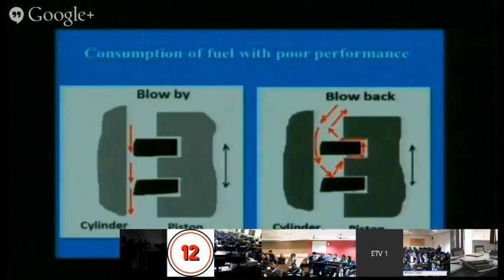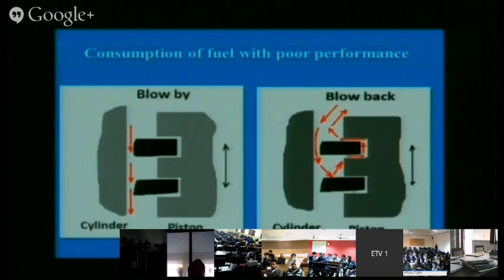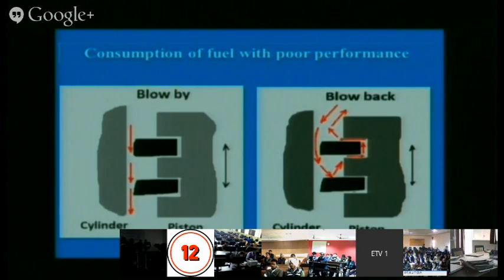Now, another point: if sealing at the cylinder liner and piston ring is not proper because of improper design of the contact, or lubricant properties have not been selected properly, then there may be scope for blow by, meaning combustion products go directly to the sump side. This is very dangerous. Efficiency of the engine will go down.